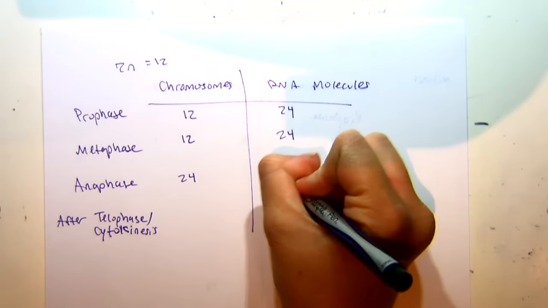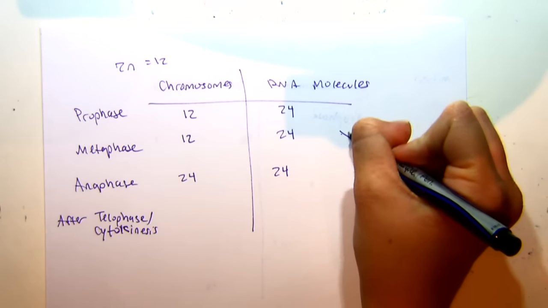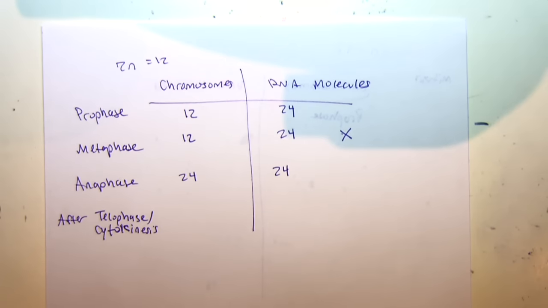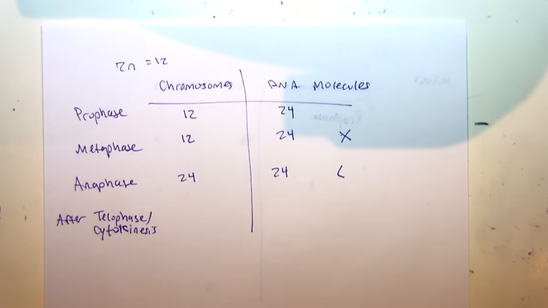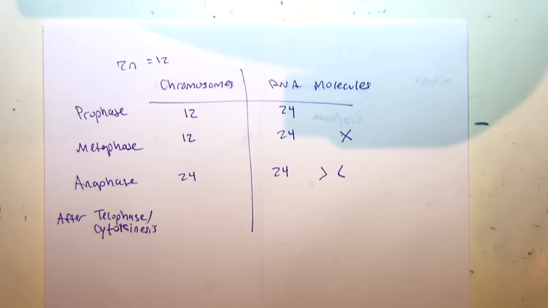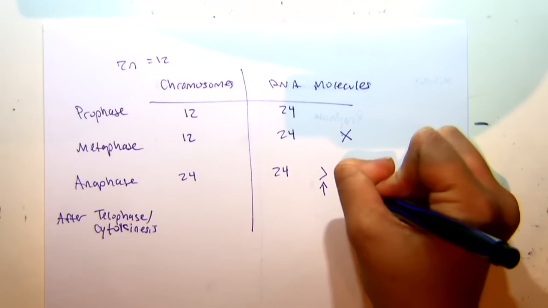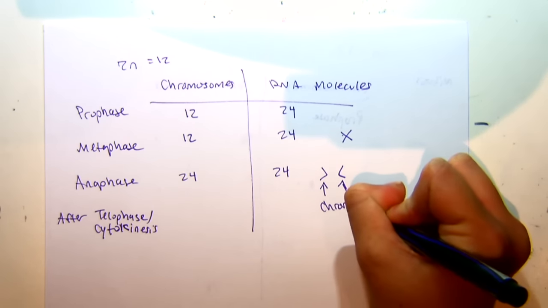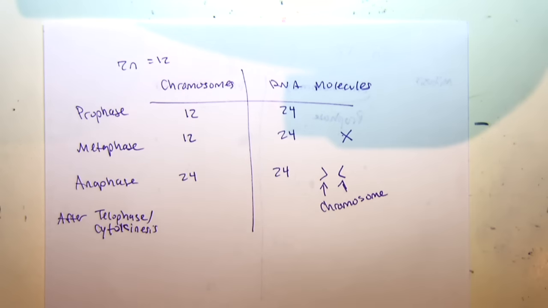No. All we've done is go from having 12 of those to 24 of these, because in anaphase, we're pulling those X's apart. And as soon as those X's are apart, each half is now its own chromosome. So these are both a chromosome.